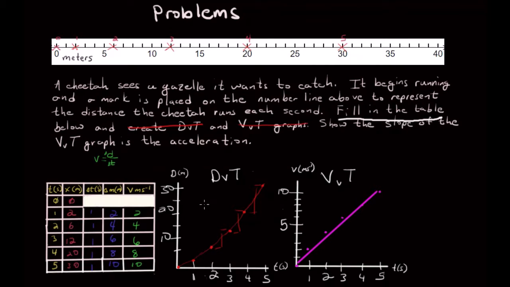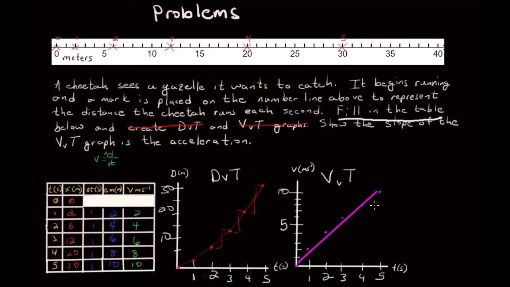And so now we want to show that the slope of the velocity versus time graph is the acceleration. Because it doesn't have a zero slope, it does have an acceleration. Remember, acceleration is the rate of change of velocity. We're changing the velocity here, and we're going to find out how much.